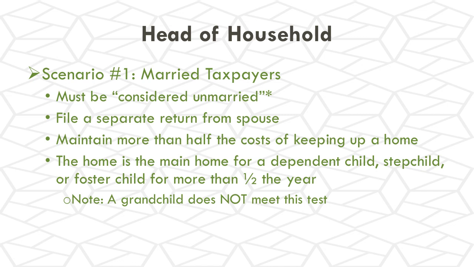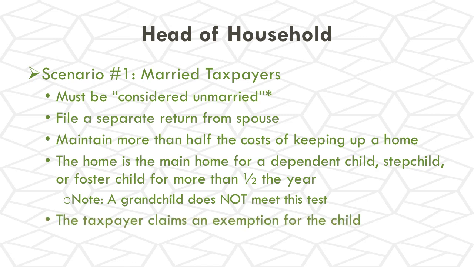Only one of those three: child, stepchild, or foster child, for more than half the year. So note here that a grandchild does not meet this test. All right. So even though a grandchild can be a qualifying child for the dependency exemption, they are not a qualifying person in this scenario for head of household. Finally, the taxpayer must claim the exemption for the dependent child.